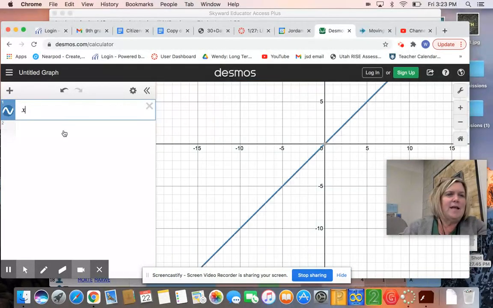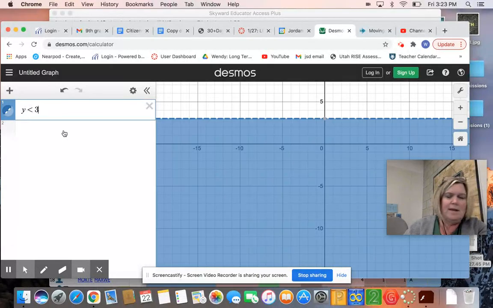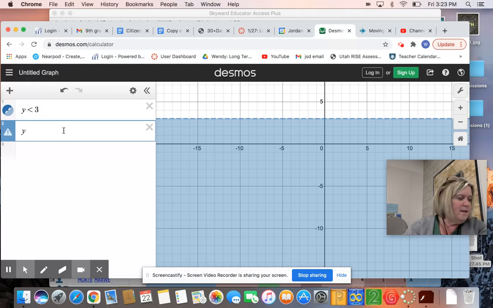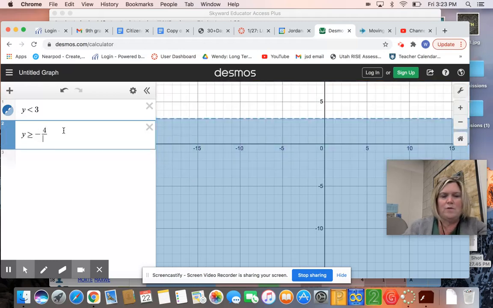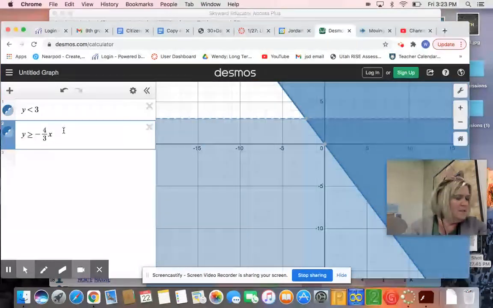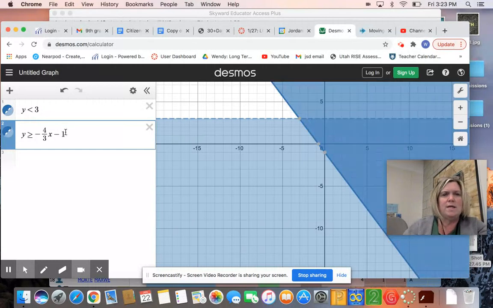Okay, and our last one is y is less than 3, and y is greater than or equal to -4 over 3 x minus 1. Okay, so we need to look for stuff that's in this area only, and let's look at -1 and 3.